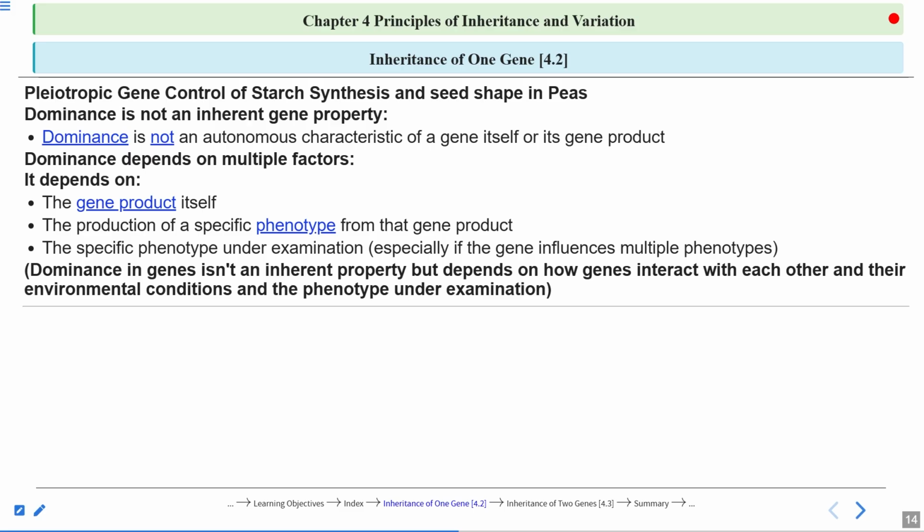So dominance in a gene isn't an inherent property, but depends on how genes interact with each other, their environmental conditions, and the phenotype under examination. This is the conclusion here. These are basically these 3 points: first, the gene product itself; second, production of a specific phenotype; and third, the specific phenotype under examination.